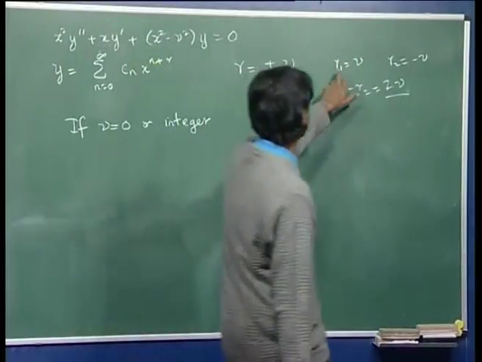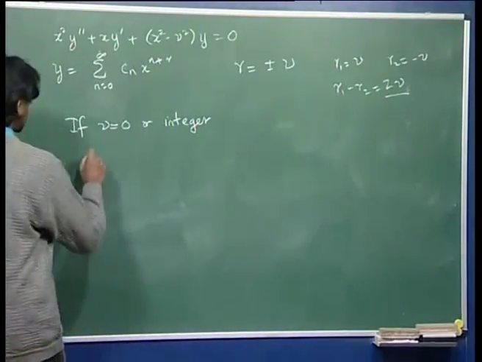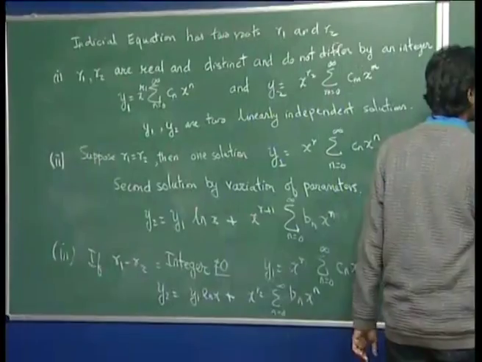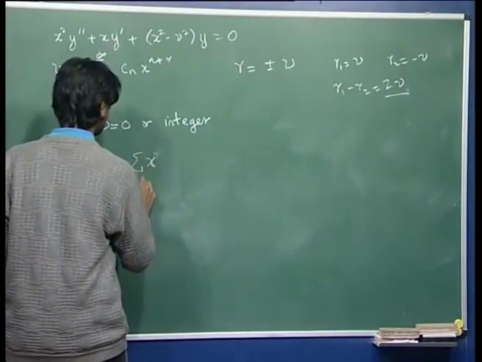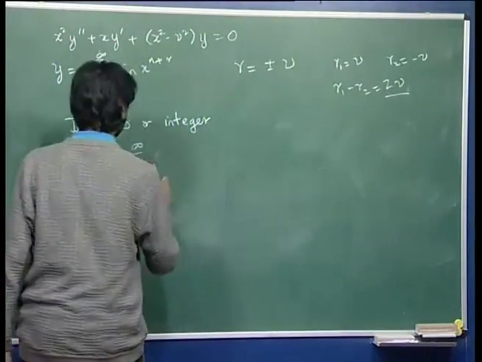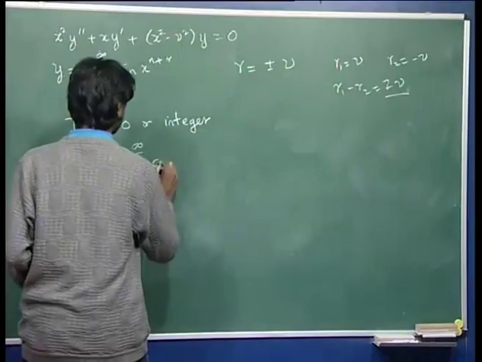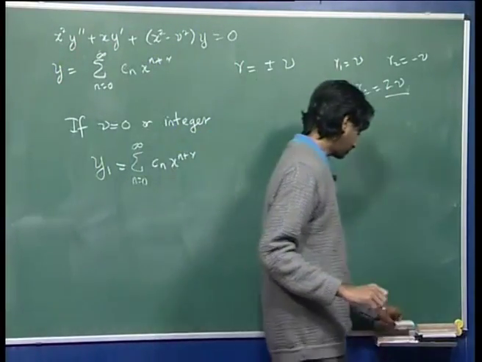If nu is 0, then both the roots are the same, r1 equal to r2 equal to 0, and in this case you can write the solution y1 is equal to sum over n equal to 0 to infinity Cn x raised to n plus r.